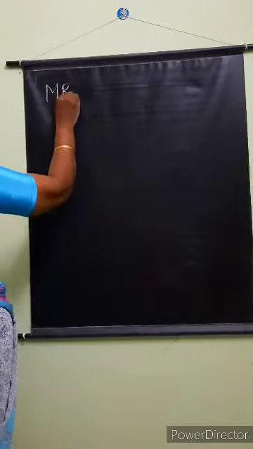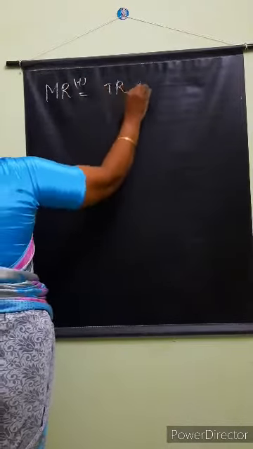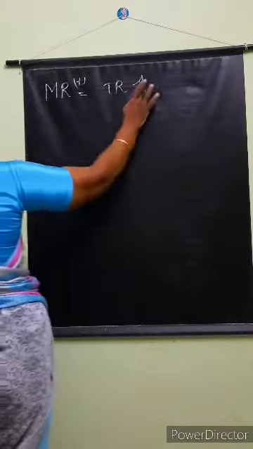And then we are going to see the relationship between total revenue, marginal revenue and average revenue. Okay, how it will be. So when the marginal revenue is positive, total revenue increases, isn't it?